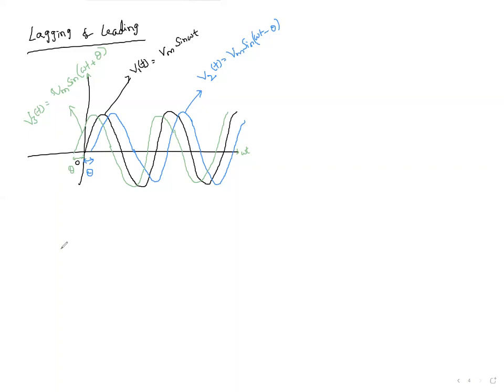So with respect to V3 we are talking, therefore we need to compare how much is the lagging amount. It is theta plus theta, 2 theta. Therefore V2 of t is lagging V3 of t by 2 theta.